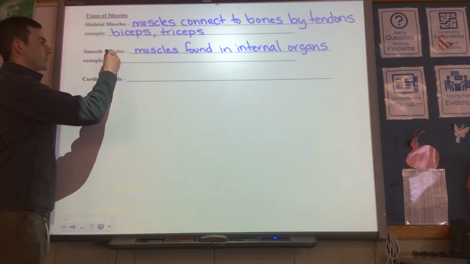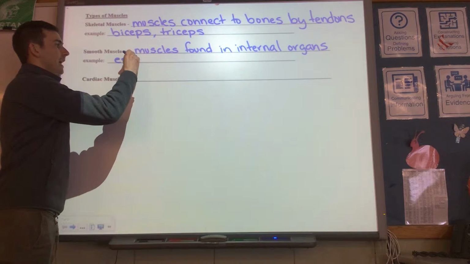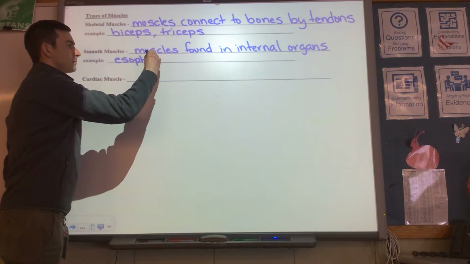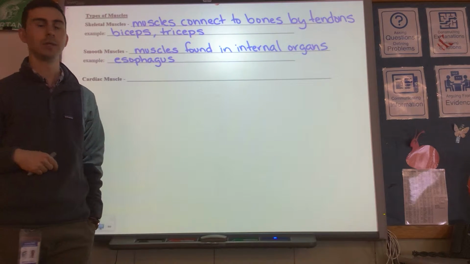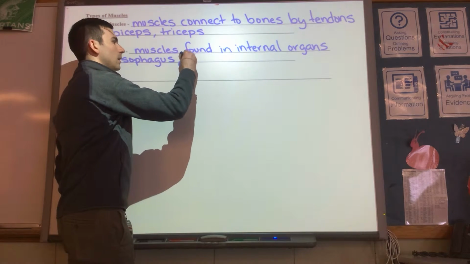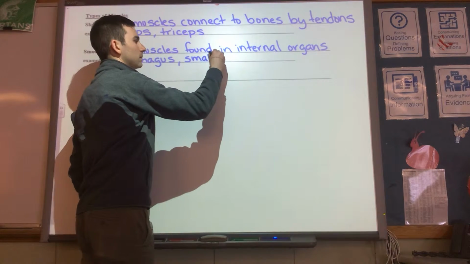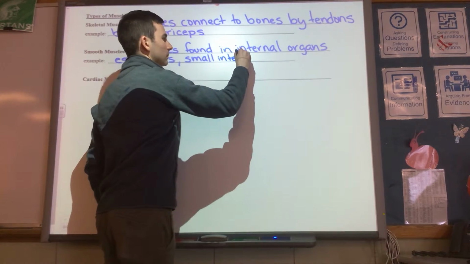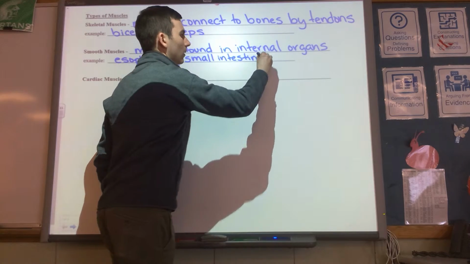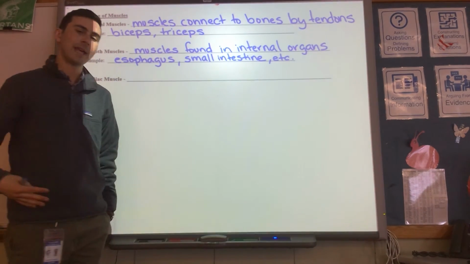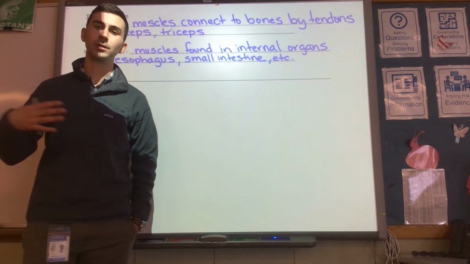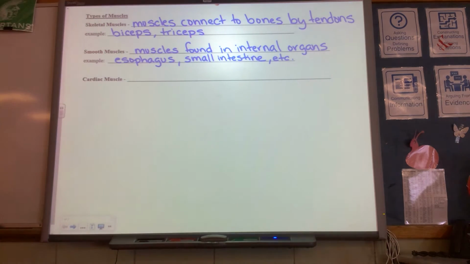So these would be the muscles that, for instance, surround our esophagus, or the tube in our throat which food passes through into our stomach, the muscles that surround our small intestine, etc. And again, these happen involuntarily. You do not have conscious control over smooth muscles.